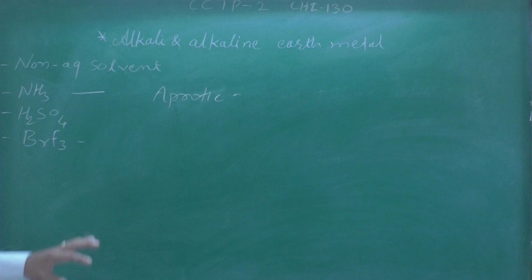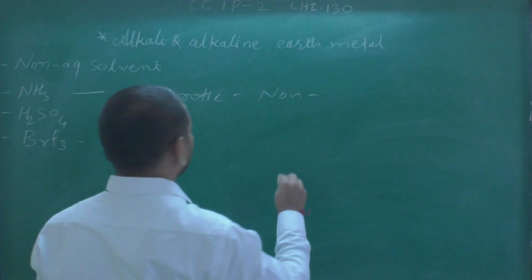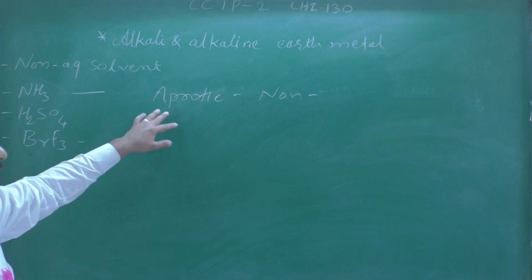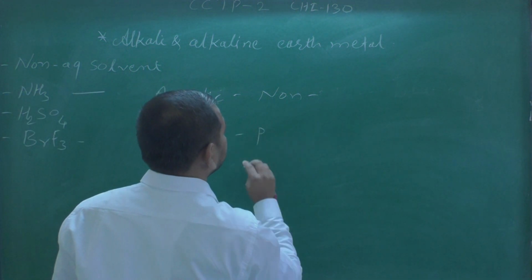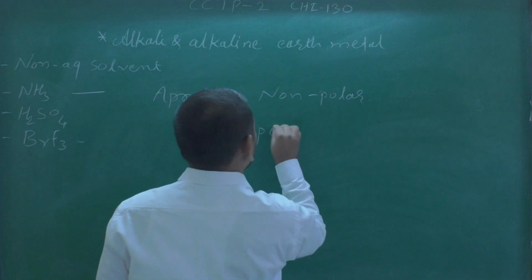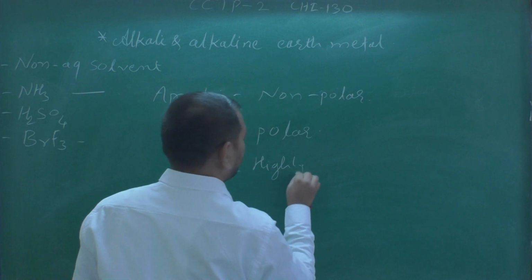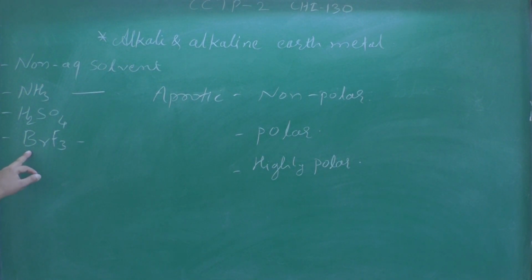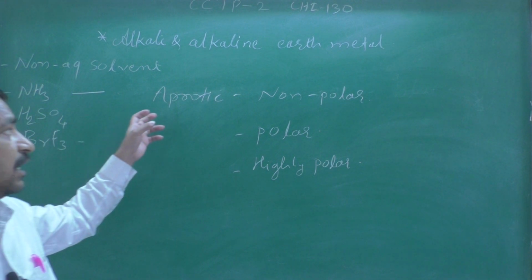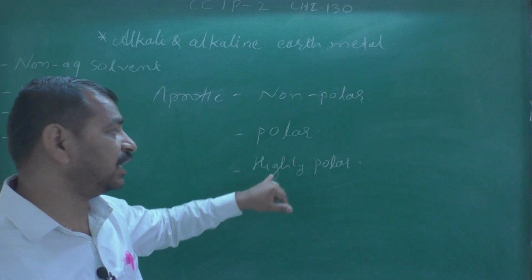Protic solvents are again classified into three types: first non-polar, second polar, and third highly polar non-aqueous solvents. So these protic non-aqueous solvents are classified into three classes: non-polar, polar and highly polar.